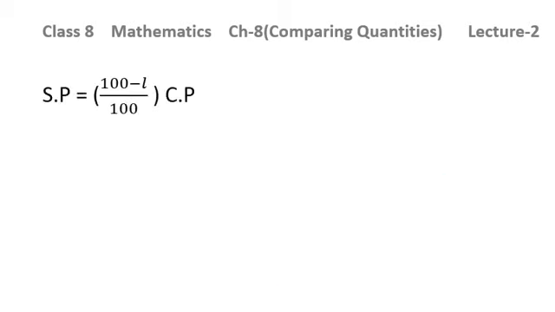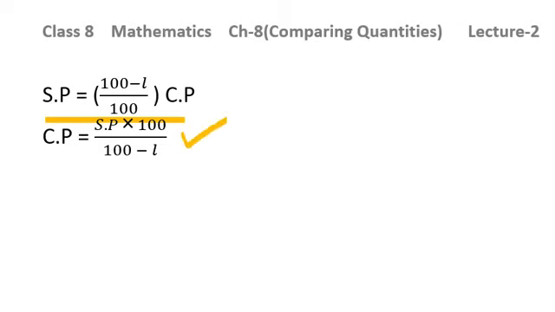I need to solve the bracket as we have done in the previous case. After solving the bracket, it will be SP is equal to 100 minus L over 100 into CP. Then it will be CP is equal to SP into 100 over 100 minus L. So this is the formula in terms of CP in case of loss percent, SP and CP.